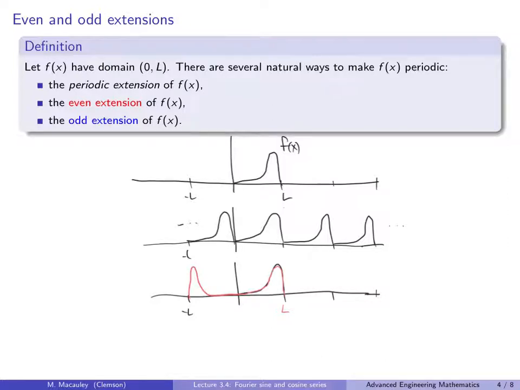So here we do something like that. And then over here and so forth. This is negative 3L. This is 3L. So this is the even extension. And then the other thing we could do, of course, is what's called the odd extension.